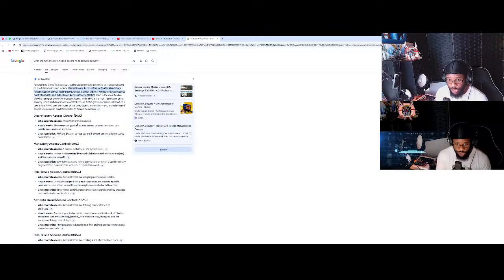Using security labels and clearances to control access.